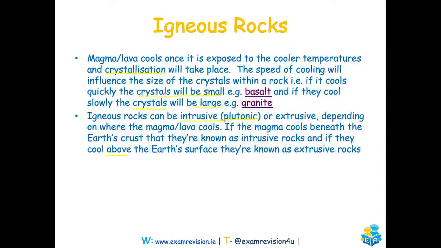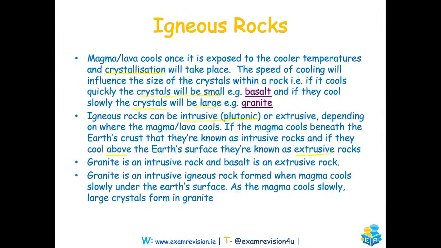So if it's below, it's intrusive. If it's above, it's extrusive rock. Granite is an intrusive rock, and basalt is an extrusive rock. Granite is an intrusive igneous rock formed when magma cools slowly under the Earth's surface, and as magma cools slowly, the large crystals form.